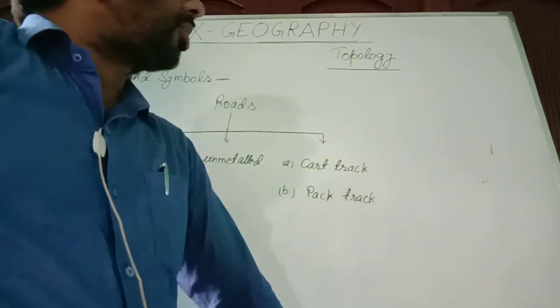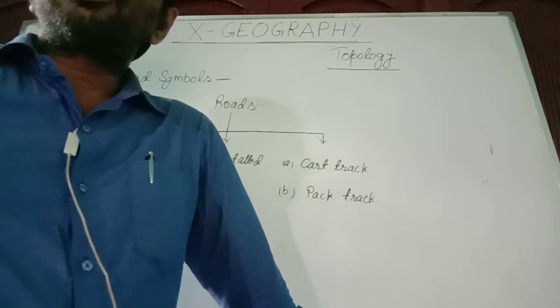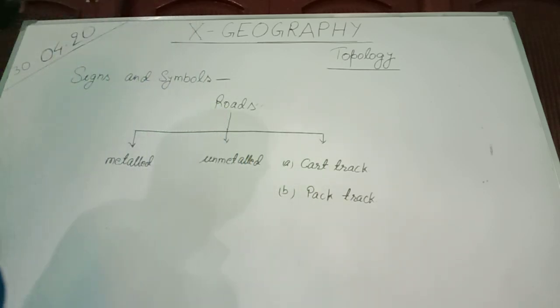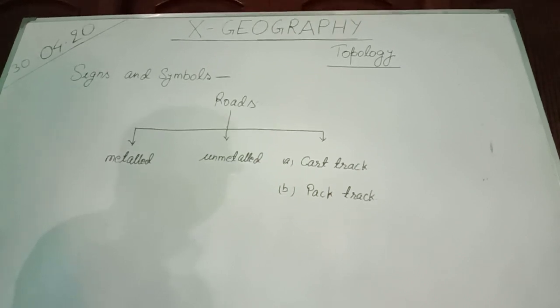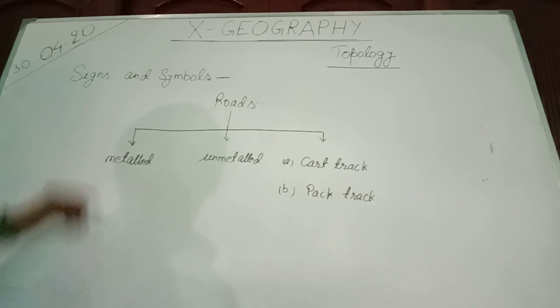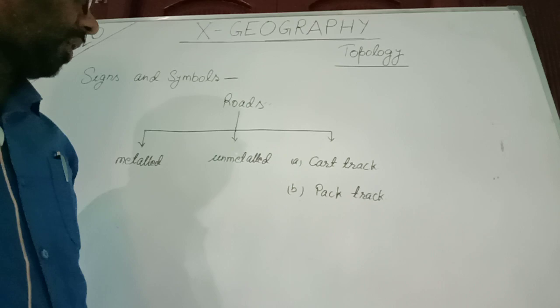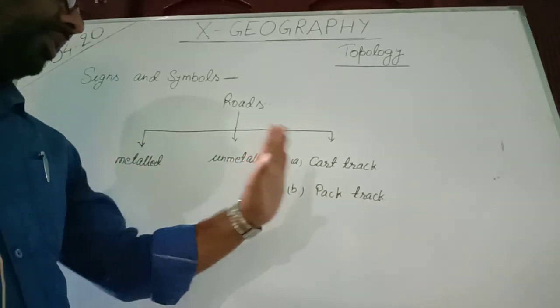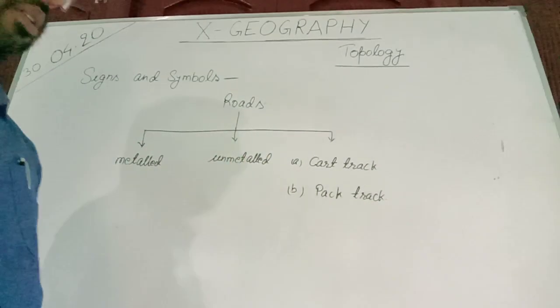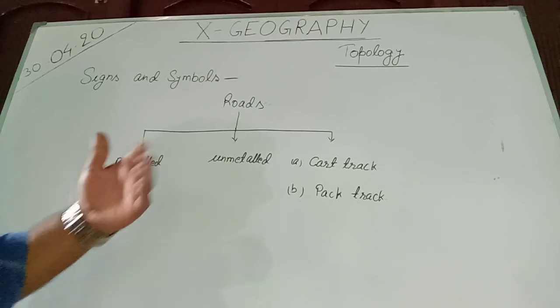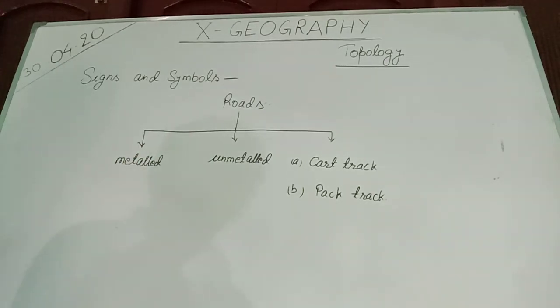In this period of geography, topography continues. In the last class, you studied the roads that come in the conventional signs and symbols used on the topo sheet. Roads are classified into three categories, which are represented by different signs on the topo sheet.